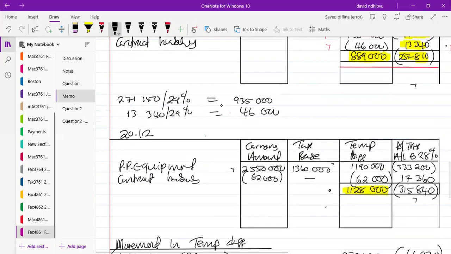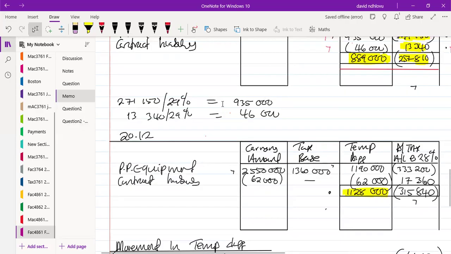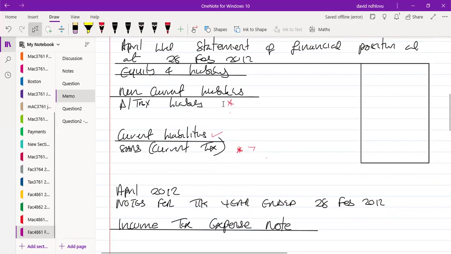Right, so you are done with your first calculation, which is for you to determine the deferred tax amount. Now, this amount of deferred tax that you have here, this is your overall amount of deferred tax at the end of the year, 315,840.